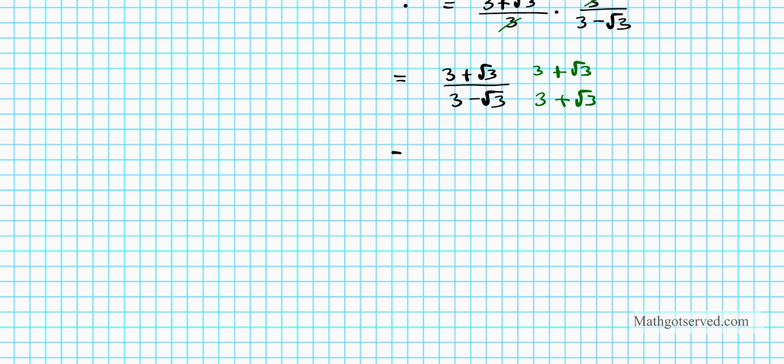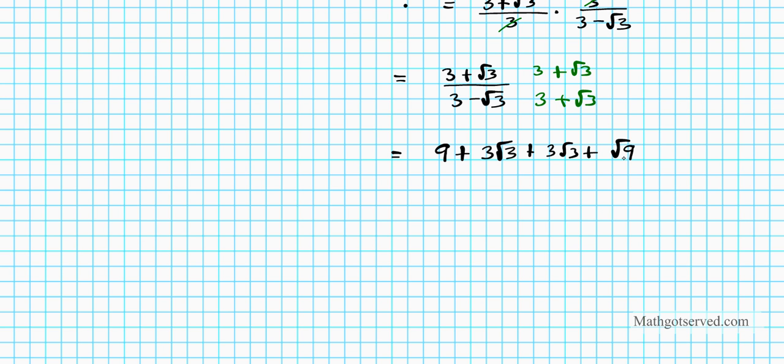In the numerator, first, outer, inner, last. First gives us 9, 3 times 3. Outer is 3 root 3. And then inner is 3 root 3. And then last is root 3 times root 3, which is root 9.